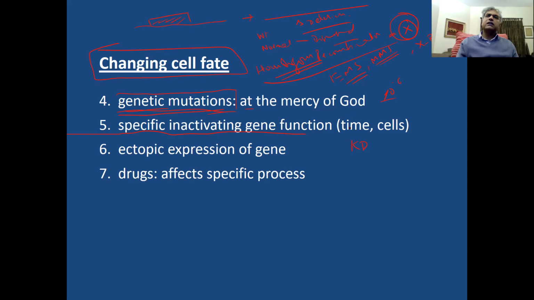The other strategy is knock down. You can use double-stranded RNA against your gene X. You all have heard about RNAi pathway.